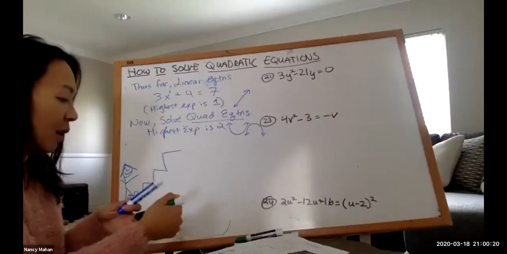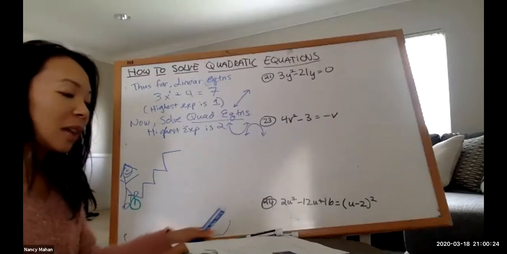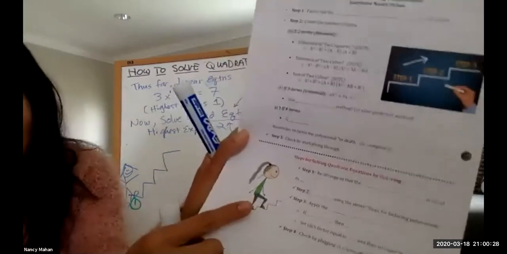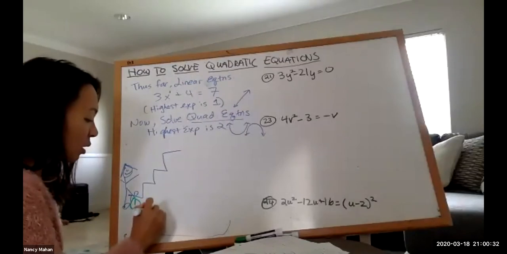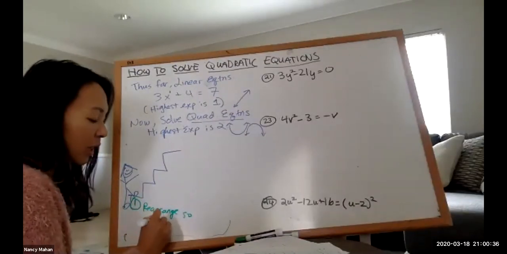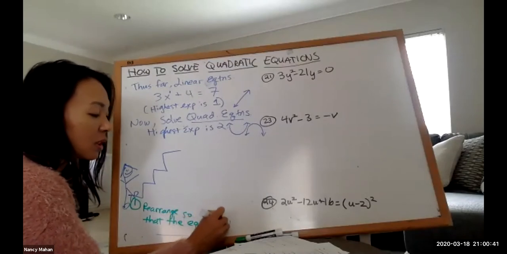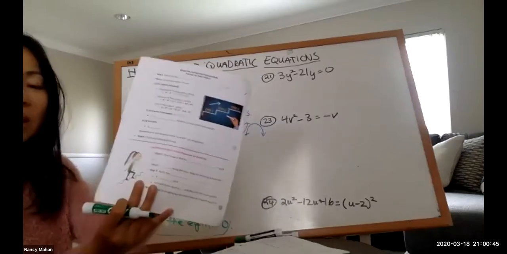All right, so here it is. The first step is going to be to rearrange so that the quadratic is equal to 0. Or I could just say the equation is equal to 0, right? So I'm writing it in shorthand, but you could write that down as step 1 here.